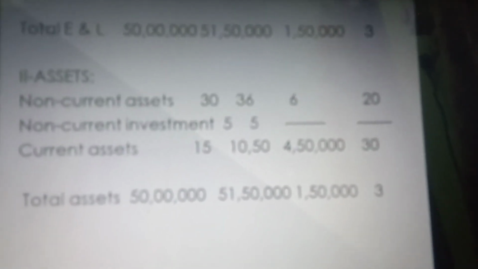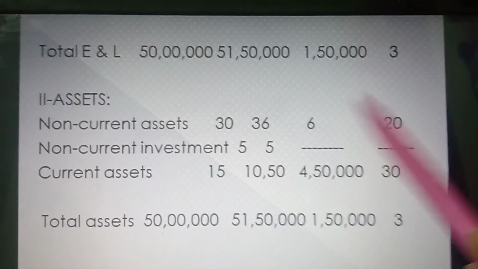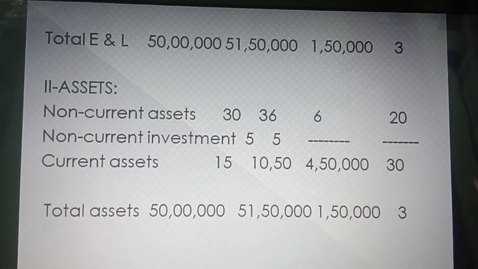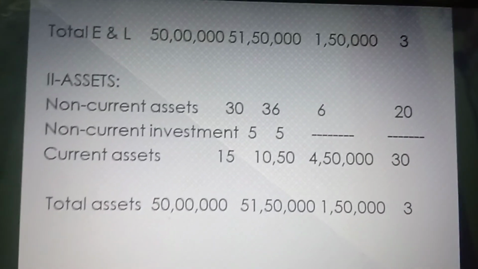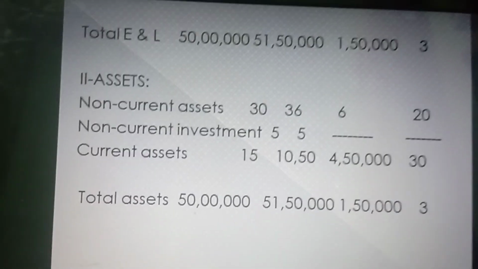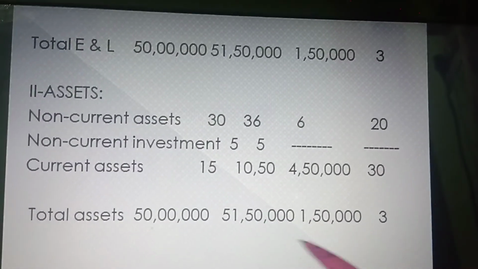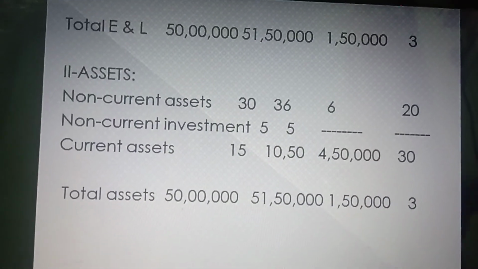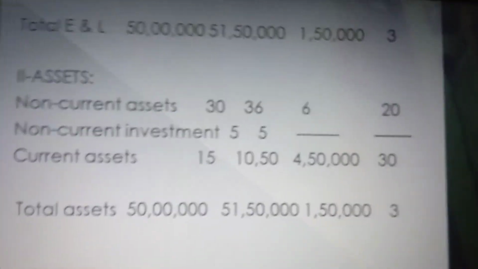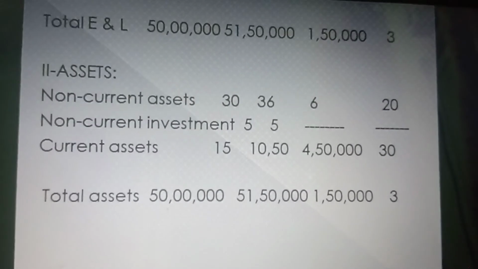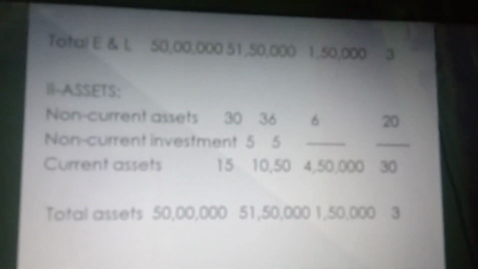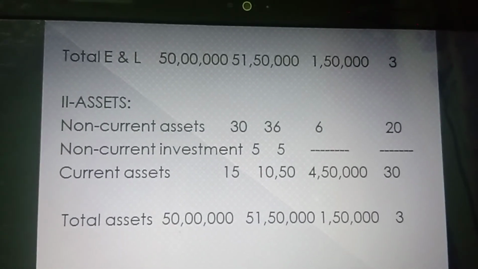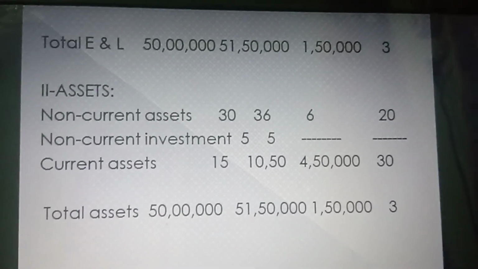Hence again, as I say, it is showing plus. 6 lakh was positive and this 4 lakh 50,000 is again positive, so it shows the growth of this company. Now this would be 6 lakh minus 4 lakh 50,000, that will be 1 lakh 50,000. Now the changes in percentage, by using the formula 1 lakh 50,000 into 100 upon 50 lakh, will give the answer 3%. That is the percentage change.